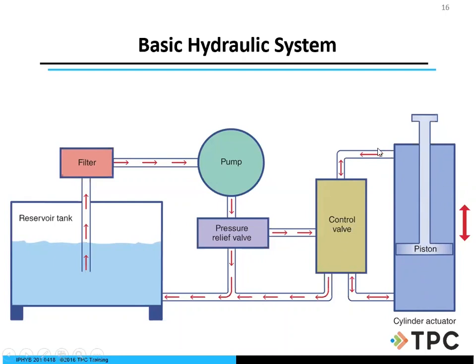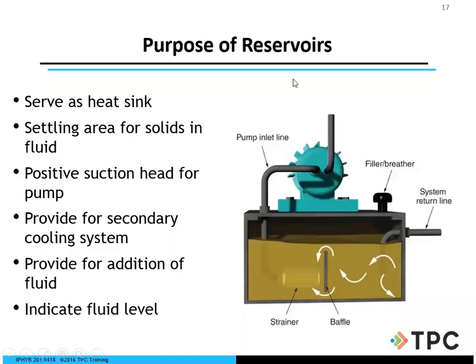Are we going to extend, or are we going to retract? When we retract our piston this way, we do have fluid going back to the tank. Usually that's less than 100 psi, as low as 60 psi. But on the return side, we definitely have to have a filtration unit. The reservoir also serves as a heat sink.